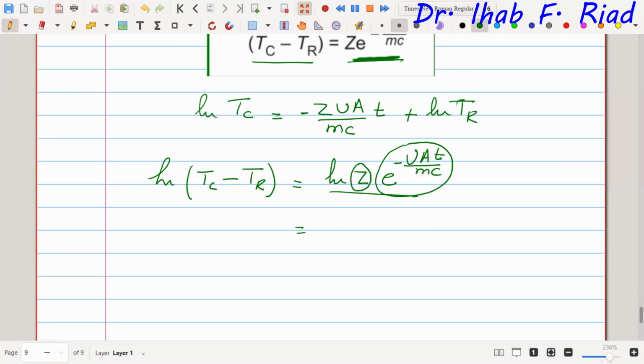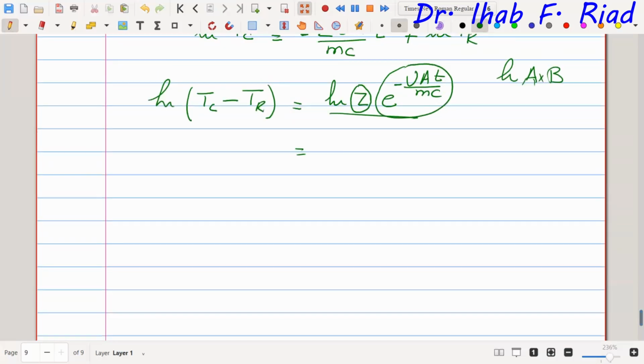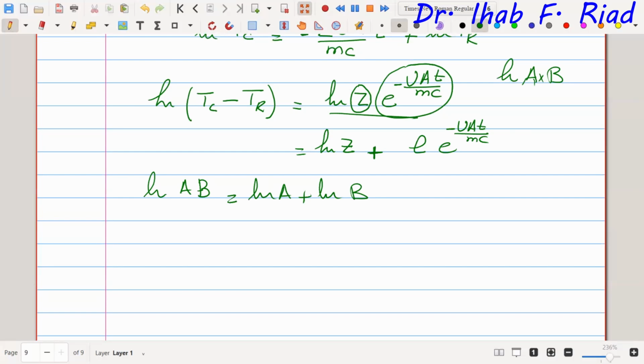Those are two functions multiplied together. ln of A times B is ln A plus ln B, right? Yes. Then for two functions multiplied together, it is going to be ln Z plus ln e to the minus UA T over MC.